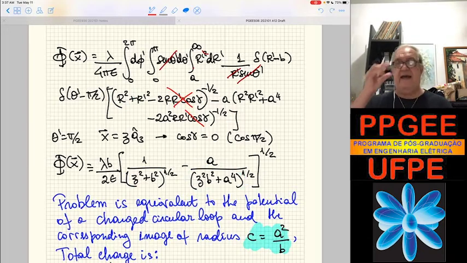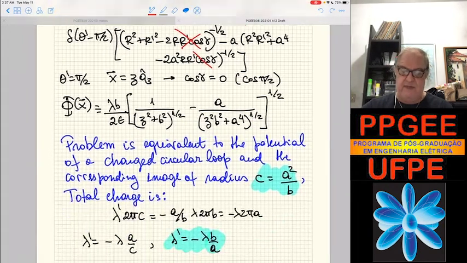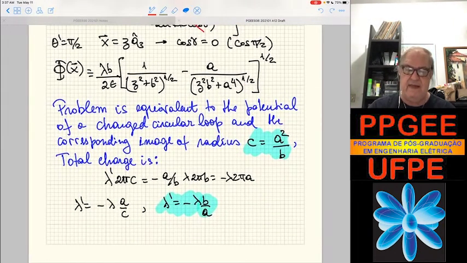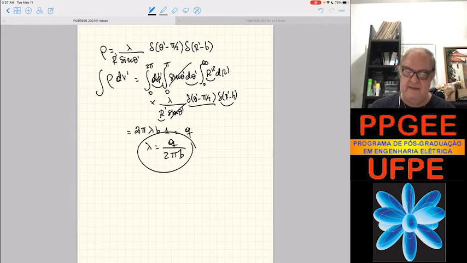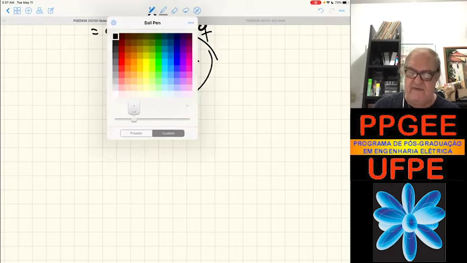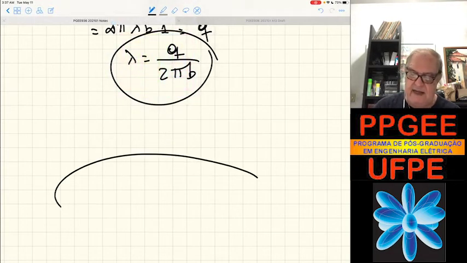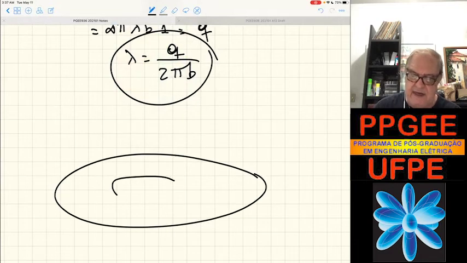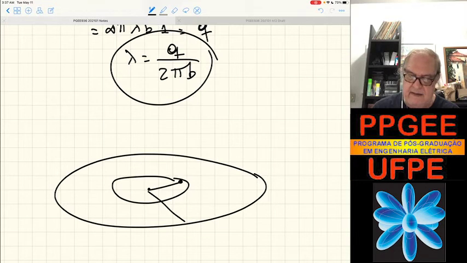So if we look at that, you're going to notice that it's the potential of a simple problem. The problem is equivalent to that of a charged line and the image charged line, b and c.